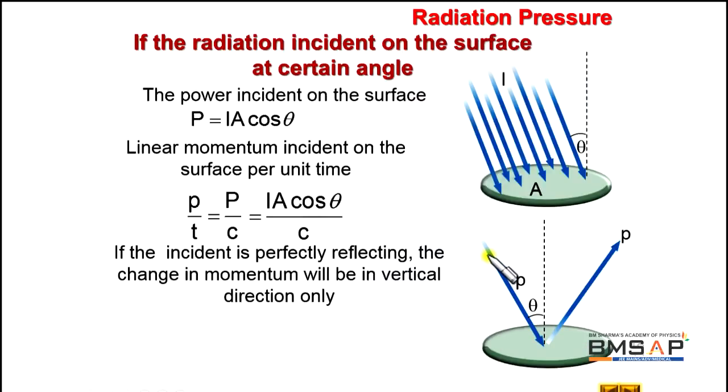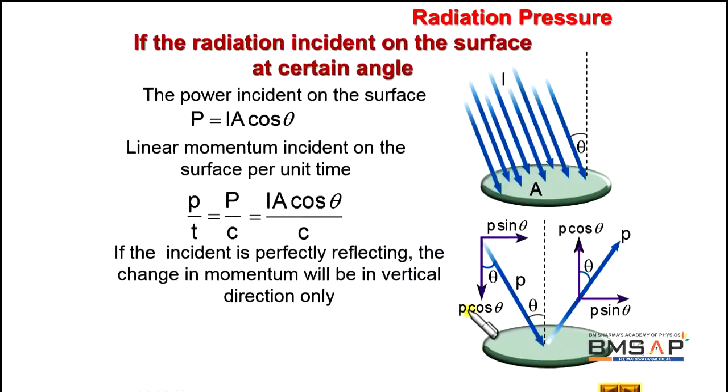This is the P cos theta normal to the surface, P sin theta parallel to the surface, and after reflection the perpendicular component is P cos theta but in the upward direction, and the parallel component will remain unchanged. That is why there is no change in the linear momentum parallel to the surface.